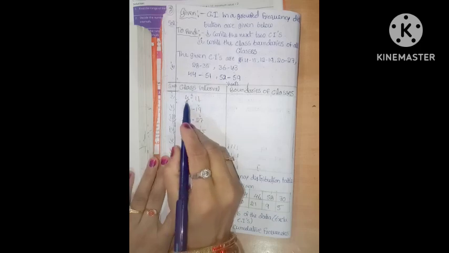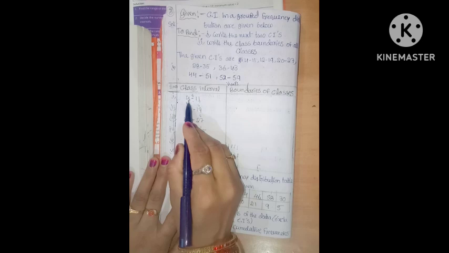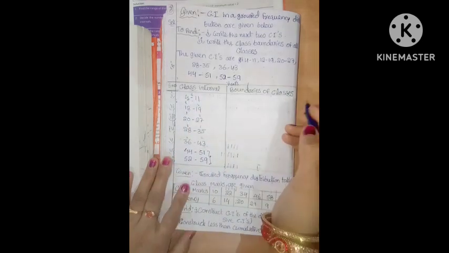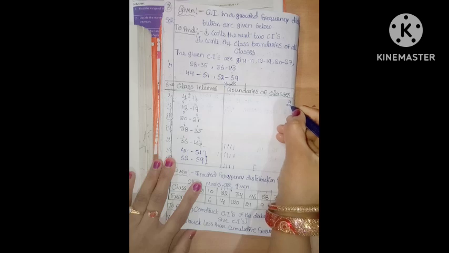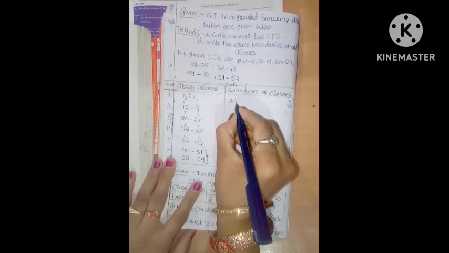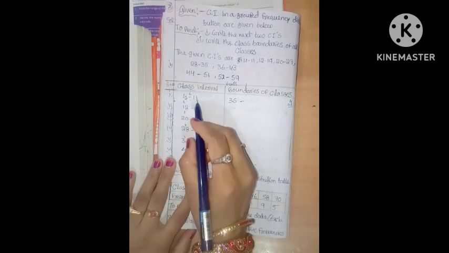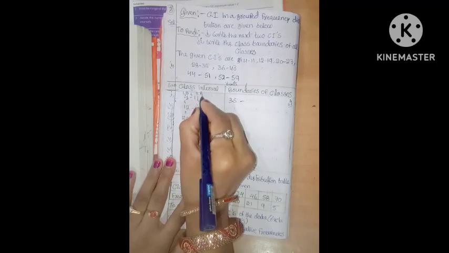Suppose first class interval, reduce 0.5. Here the lower boundary is 4 only. 4 minus 0.5 means 3.5. Reduced is 3.5. Increased, upper boundary: this is the lower boundary, this is the upper boundary only.